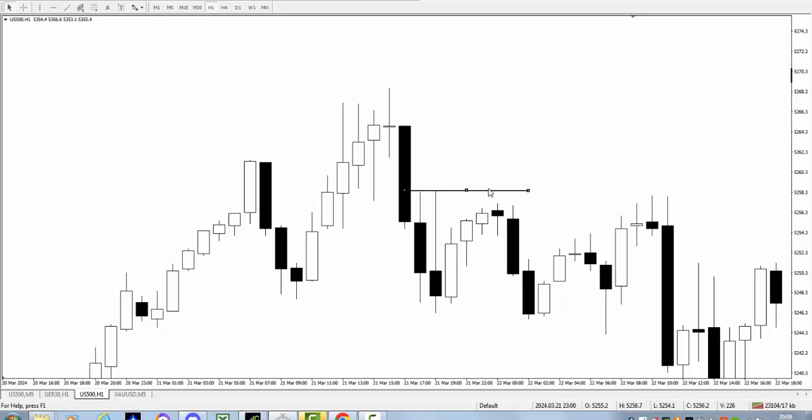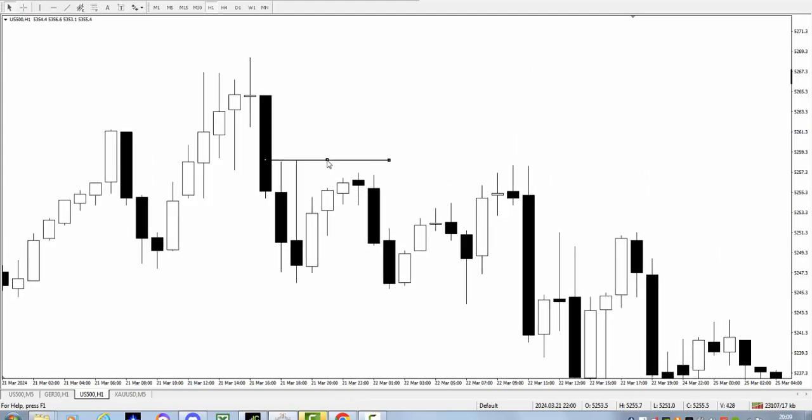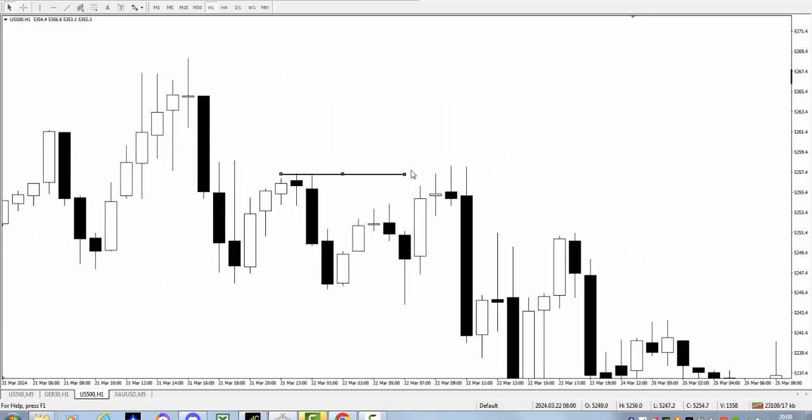But just a little bit further on we get the formation of a doji followed by a big down bar. Well, as I said, dojis create their own liquidity. So just above this doji there would have been liquidity just up there, and that is where they came back to, just to wipe out that liquidity that was sitting there, because everyone would have seen that doji, thought this is a weak market, sell it, put my stop on the top, and that's it.